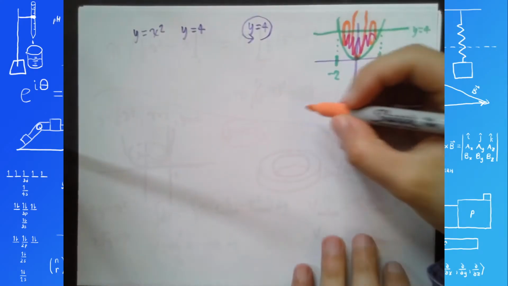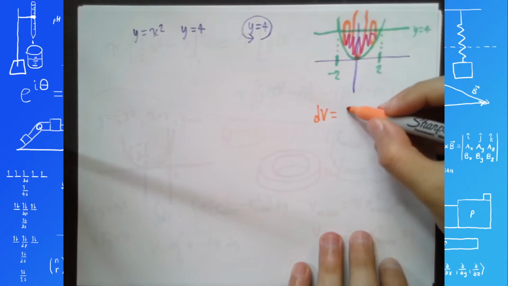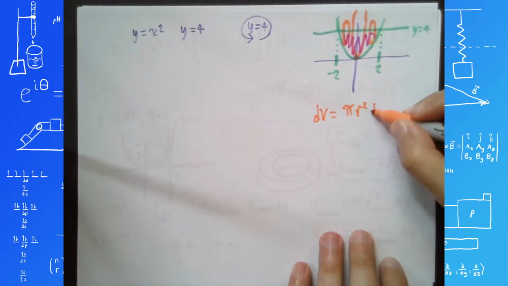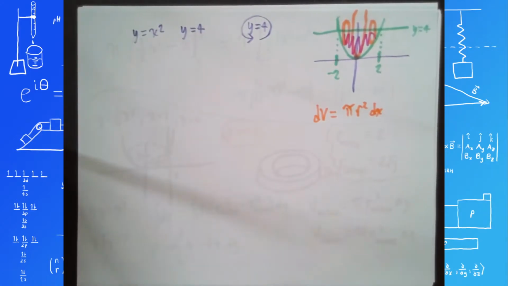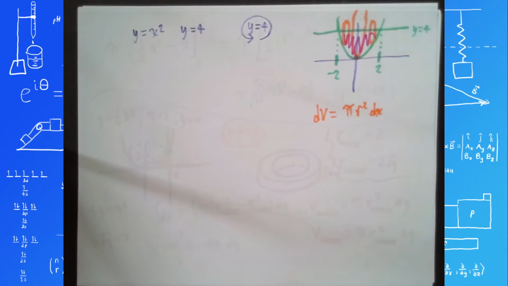But yeah, that part doesn't change. The individual volume pieces are still pi times the radius squared times a change in x or y. In this case, it's a small change in x.